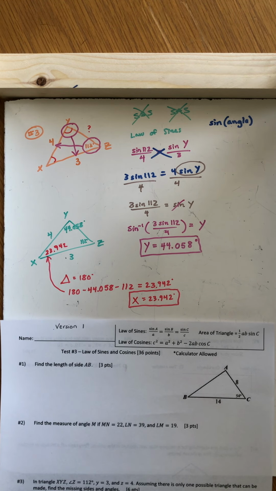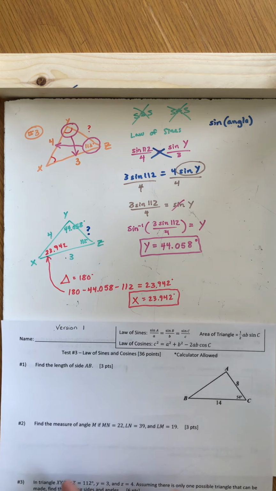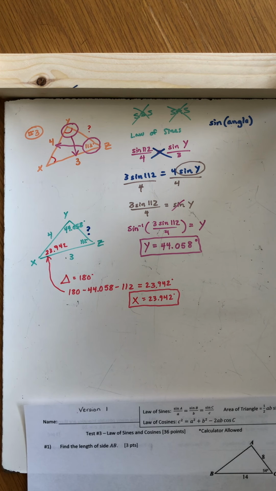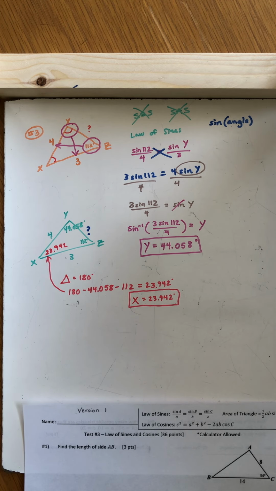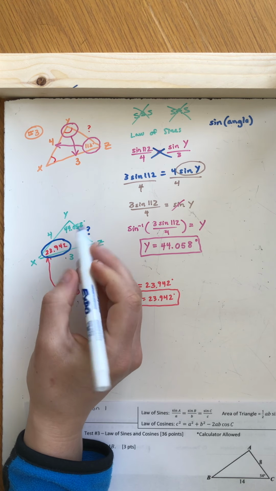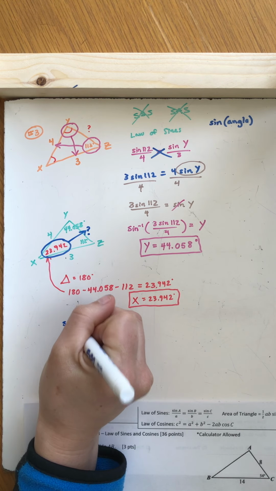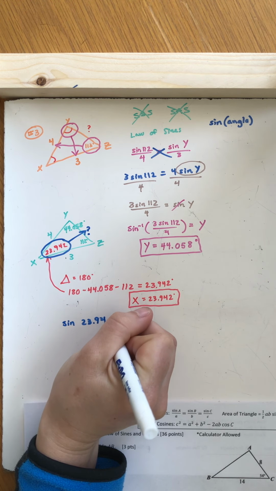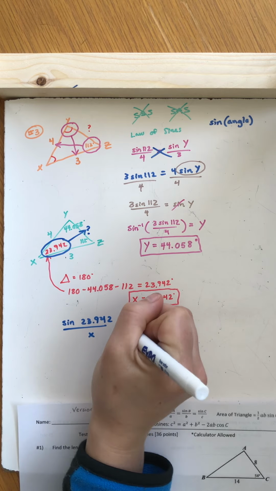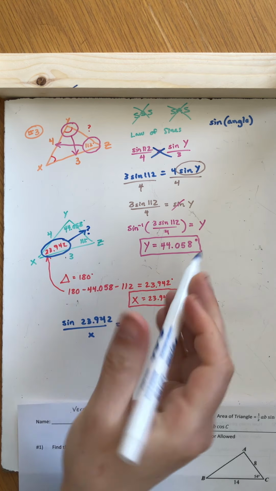And the last thing I need to find is side X, this missing side right there. So to do that, you have to use law of sines again. I suppose you could actually also use law of cosines and get the same answer, but I'm going to stick with law of sines here. I'm going to have the sine of this angle across from X, and I can either choose Y or Z to use.